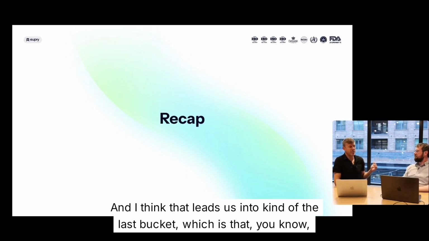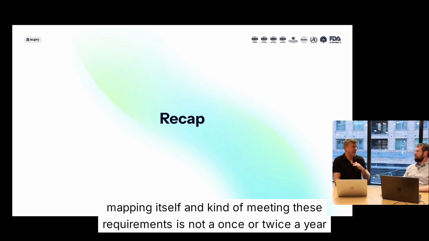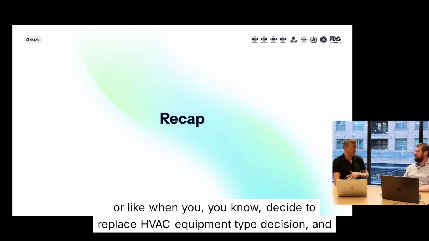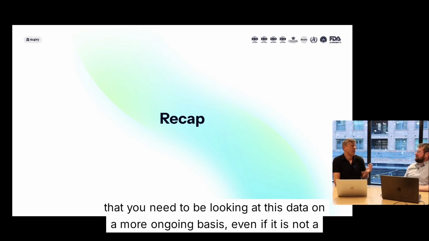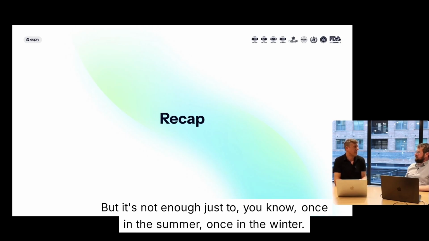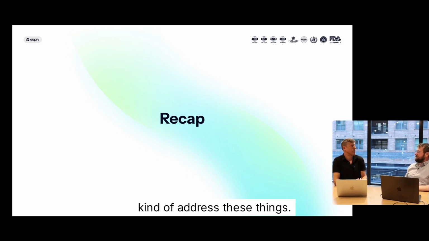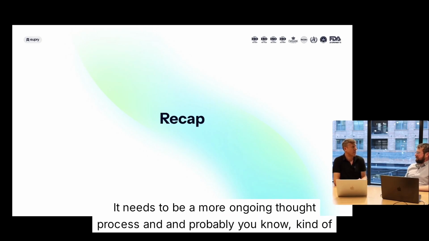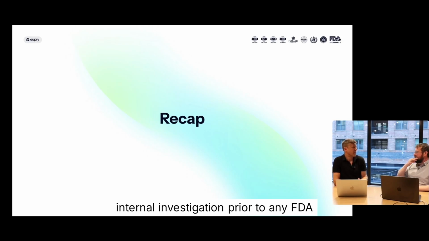And I think that leads us into the last bucket, which is that mapping itself and meeting these requirements is not a once or twice a year, or when you decide to replace HVAC equipment type decision, and that you need to be looking at this data on a more ongoing basis, even if it is not a full-fledged continuous monitoring strategy. It's not enough to just once in the summer, once in the winter, address these things. It needs to be a more ongoing thought process, and probably internal investigation prior to any FDA interaction.